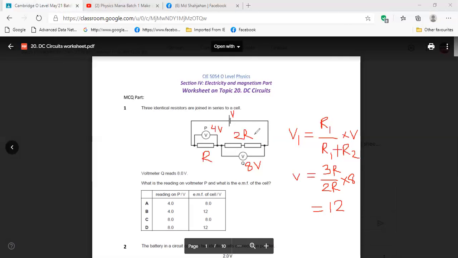So the power supply is 12 volt, and across 2R you have 8 volt. So across P, how much will you get? 4 volt, the rest of the volt. Is it clear? Yes, sir. It is a simple way to get it. If you use the formula also you will get it. Is it clear? Yes, sir.